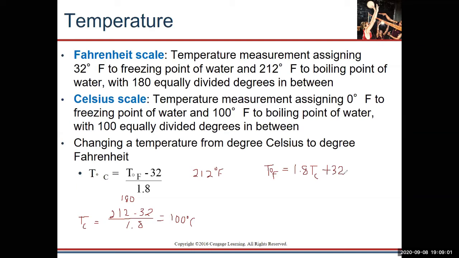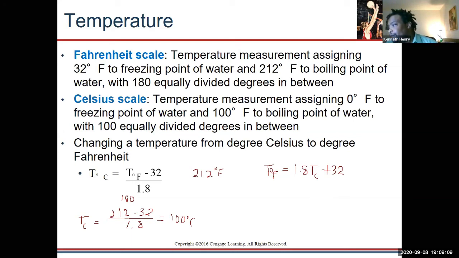Okay, so we modified our equation. So now we know that water freezes at 0 degrees Celsius, right? So let's say TC equals 0 degrees. Let's go ahead and plug in 0 degrees.